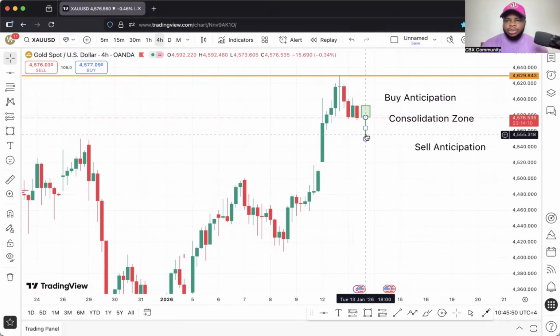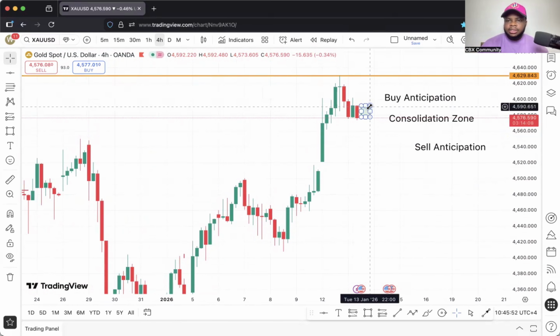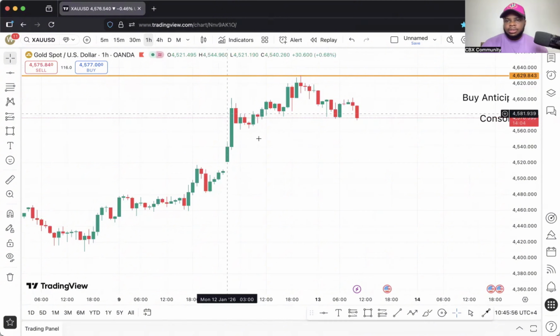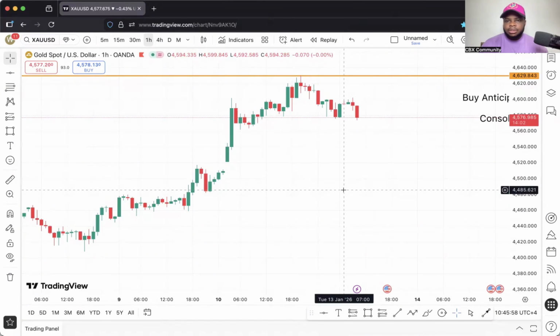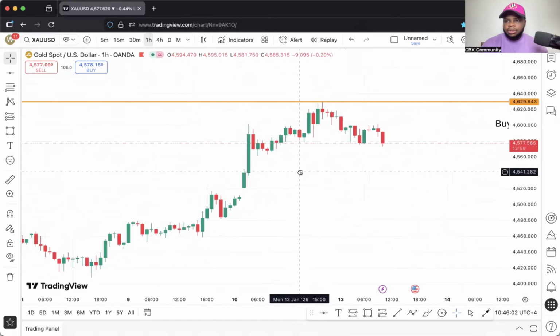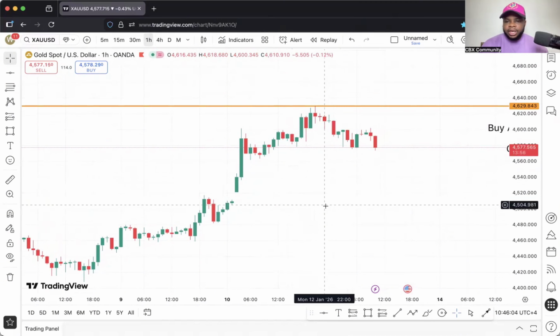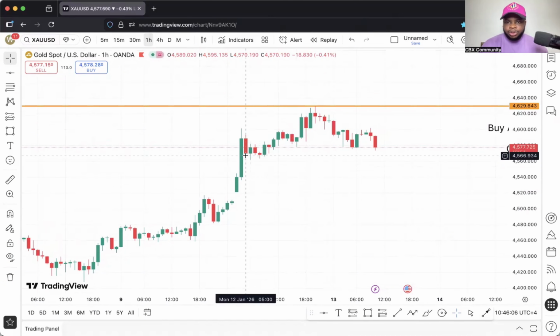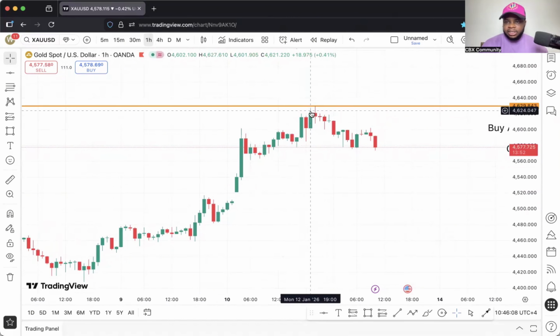So let's go to the H1. Let's delete this. Now the condition of the H1, we have a support zone over here. We have a resistance zone over here.